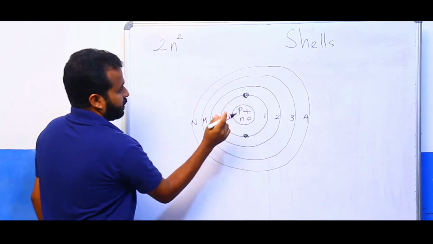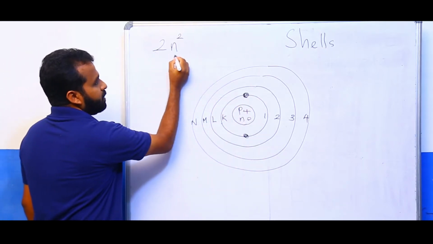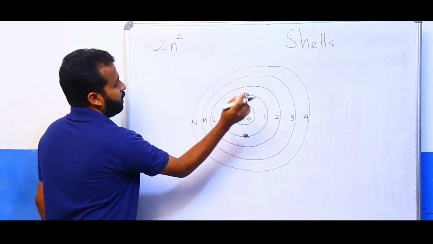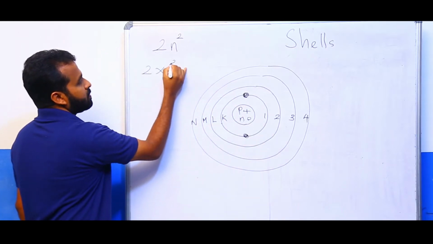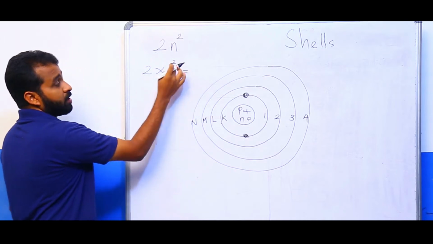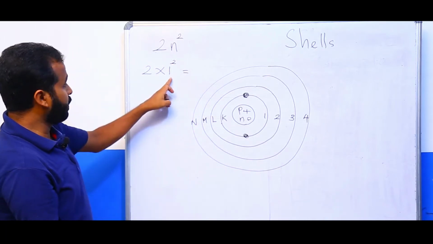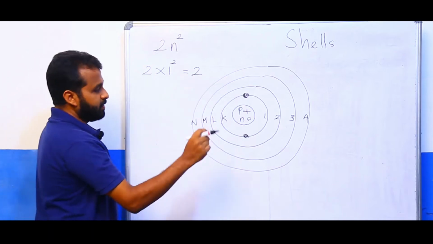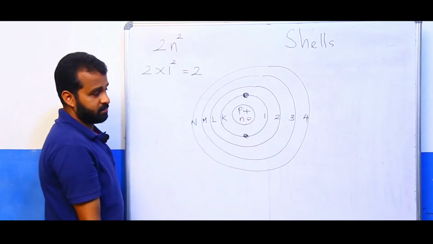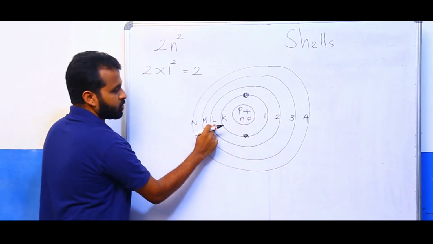K is the first shell, so for n put the number 1. So 2 into 1 square. 1 square means 1 into 1, that is 1. 1 into 2 is equal to 2. Then the second shell is the L shell.